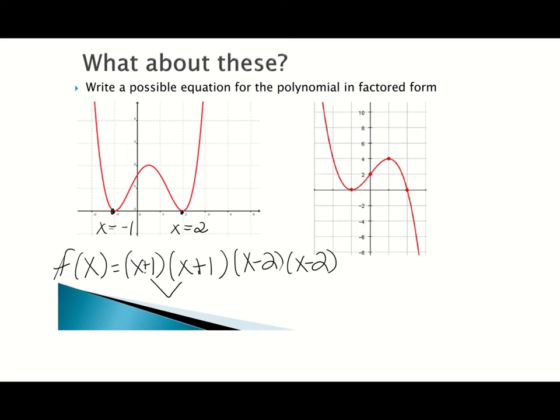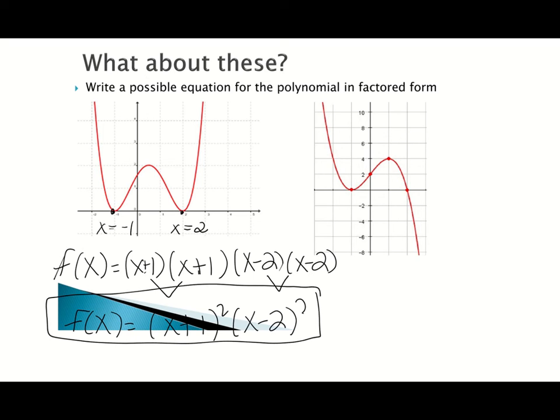Since I have 2 of them, I can go ahead and simplify down to f of x equals x plus 1 squared times x minus 2 squared, showing now that I do in fact have 4 zeros because I have 2 double roots. This is also a positive degree 4 polynomial, so I don't need to account for a negative.